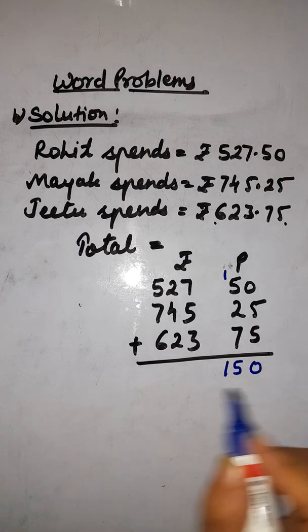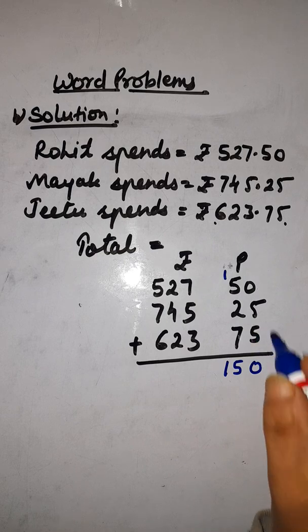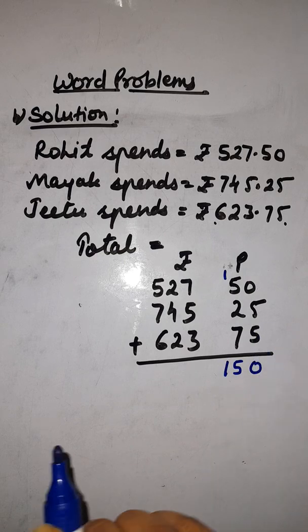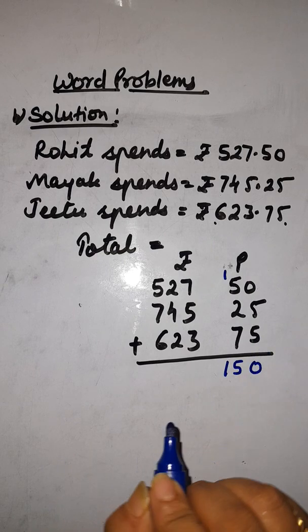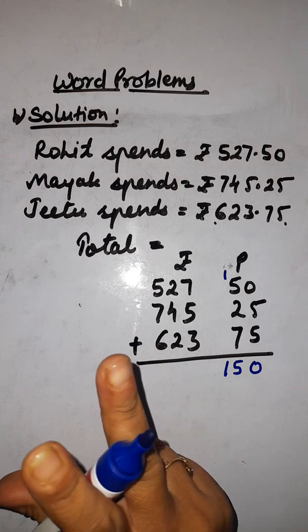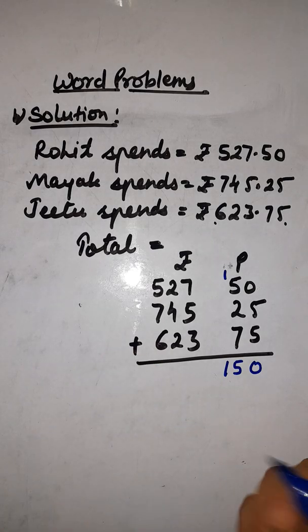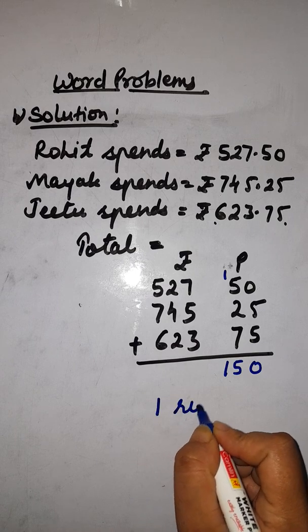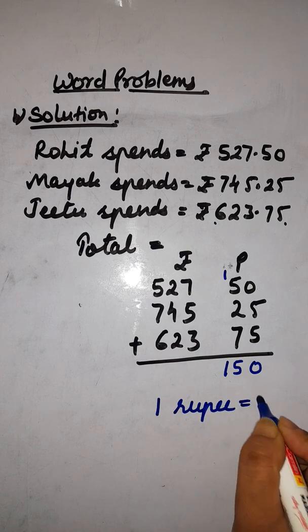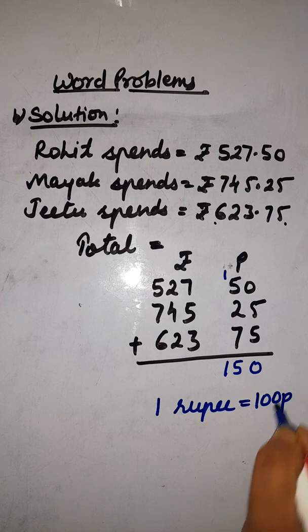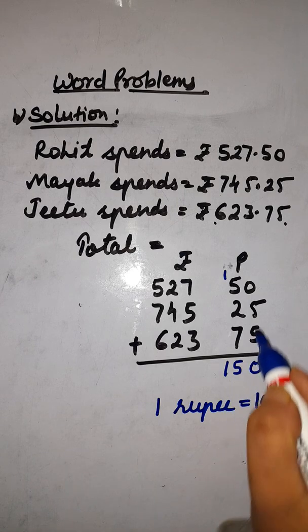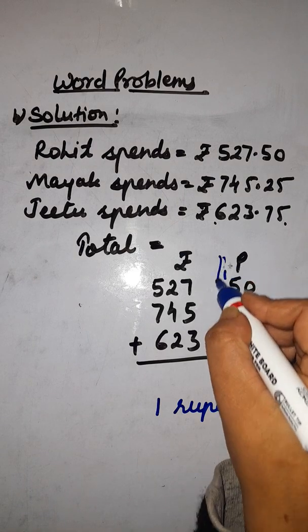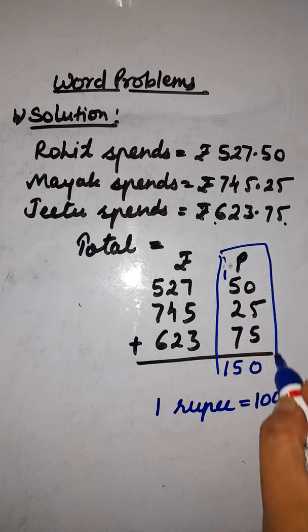So students, look at here carefully. This amount is in the paise column, so in the paise column we need only 2 digits. Why? As according to the rule, 1 rupee is equal to 100 paise. Look at this portion.